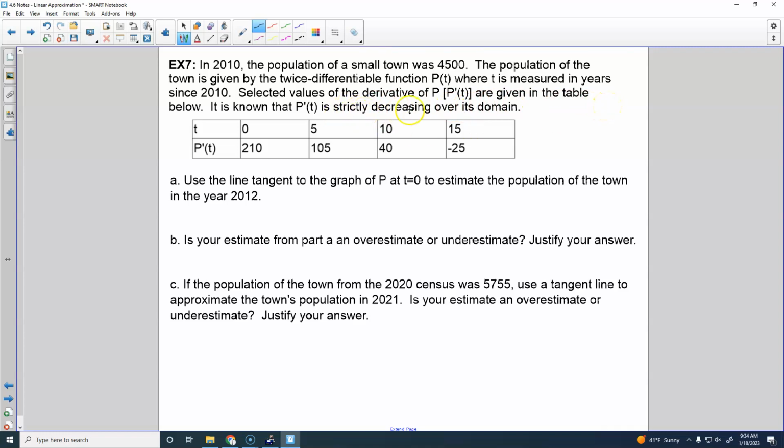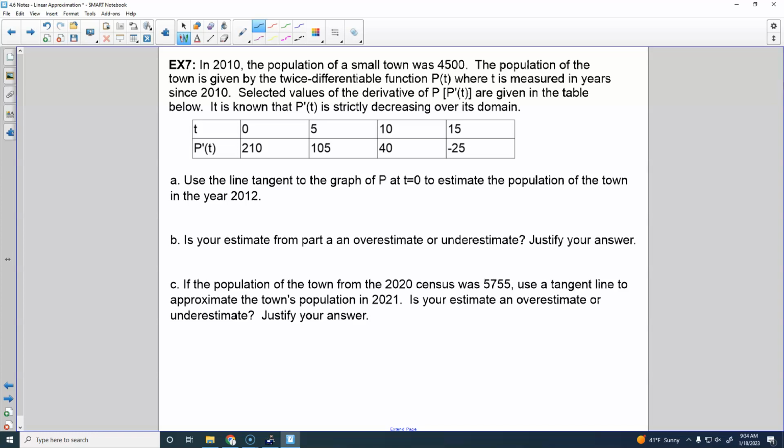What's that mean when it says strictly decreasing? That's like saying always decreasing. It only decreases. So you're never seeing an increase for p prime. All right, so use the tangent line to the graph of p at t equals 0 to estimate the population of the town in the year 2012.